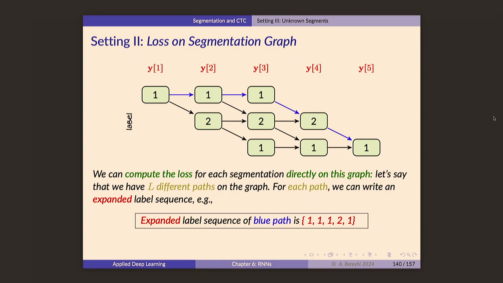Correct? So every single path corresponds to one possible segmentation, and that segmentation has one expanded sequence of labels, right? And that expanded sequence of labels is of length what? T. Exactly, because it gives one label for every single time instant.